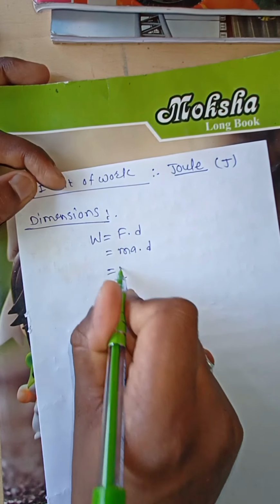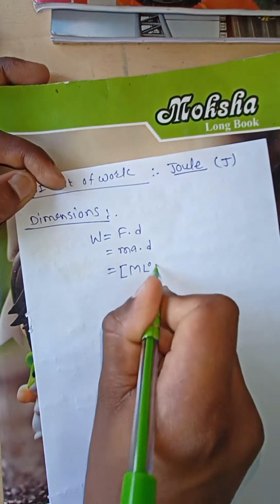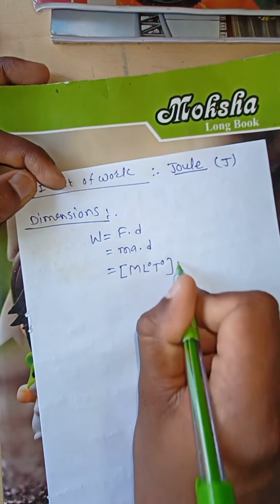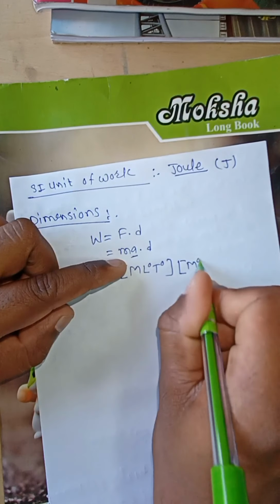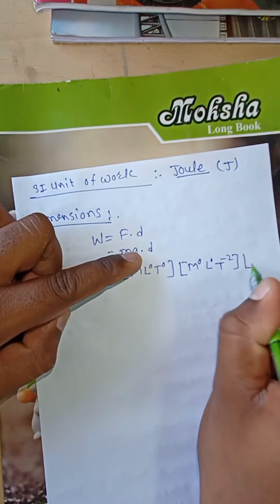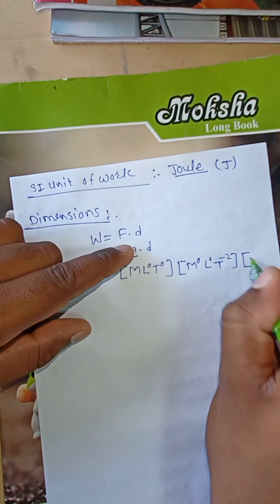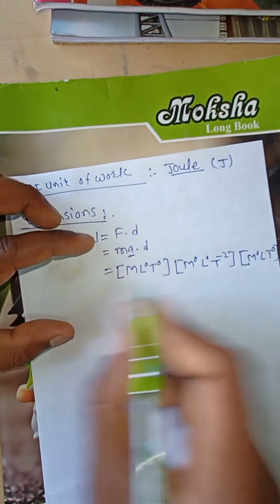Dimensions of mass is m1, l0, t0. Dimensions of acceleration is m0, l1, t to the power of minus 2. And dimensions of displacement is m0, l1, t0.